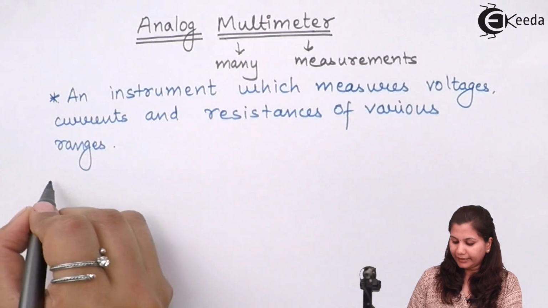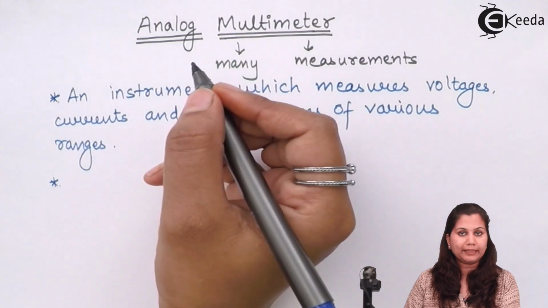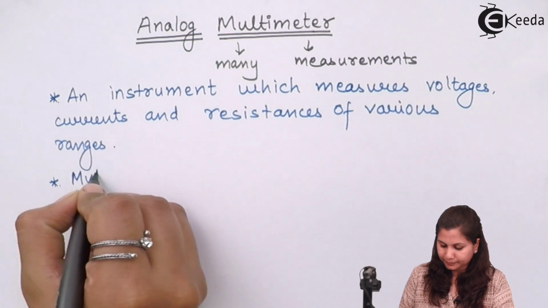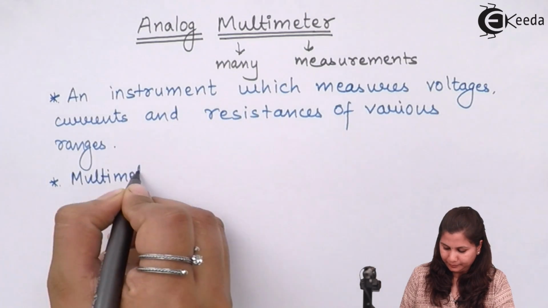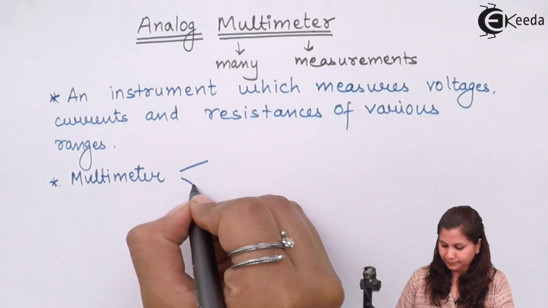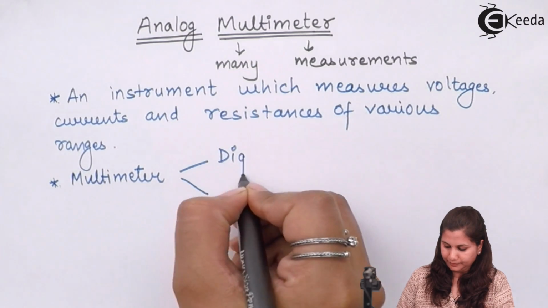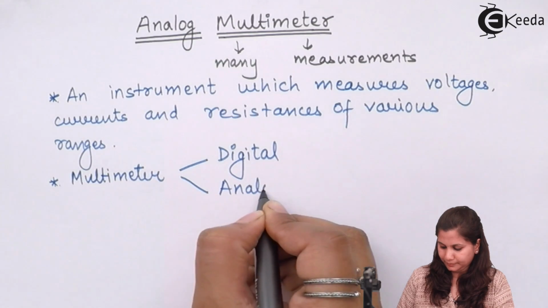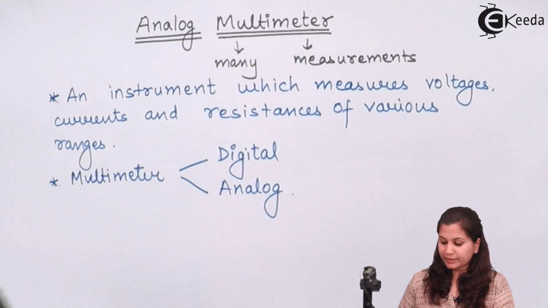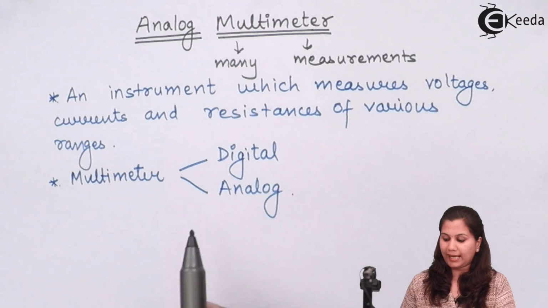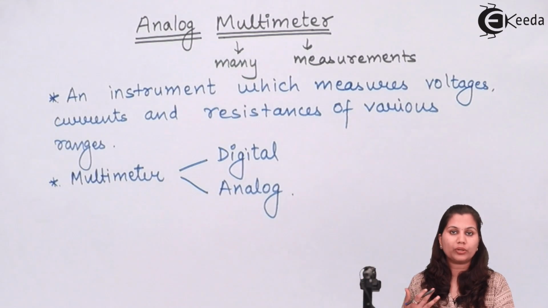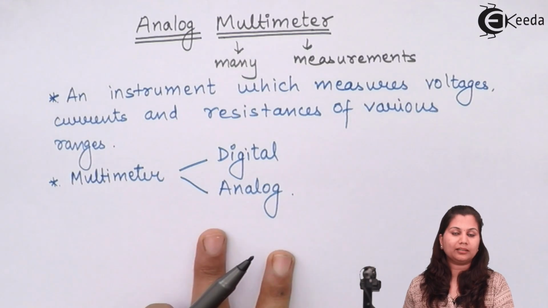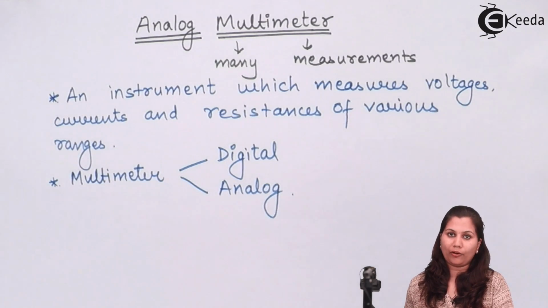Now multimeters are of two types: digital multimeter and analog multimeter. The difference between these two is that digital multimeter gives the output in digital form, whereas the analog multimeter gives the output in analog form.